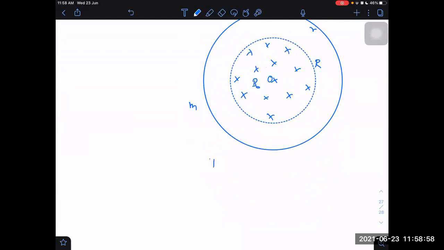Maybe angular impulse. Charged ring made of insulator. It is of uniform mass distribution, uniform charge distribution.